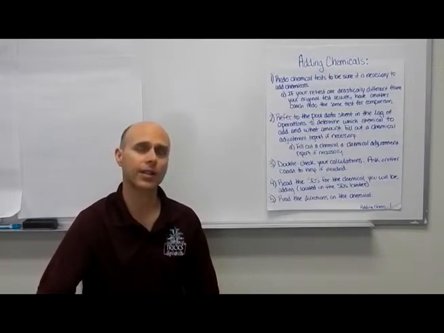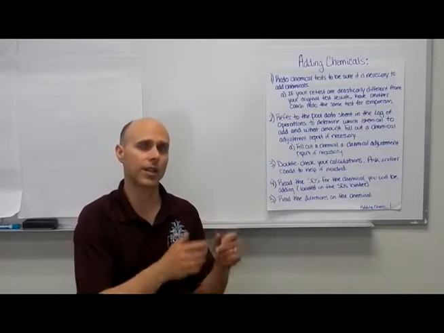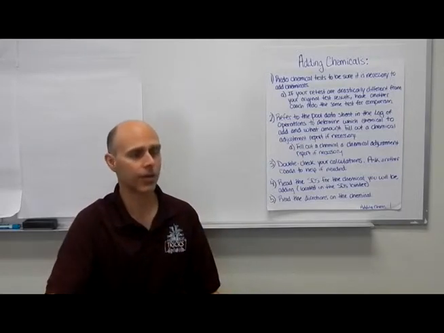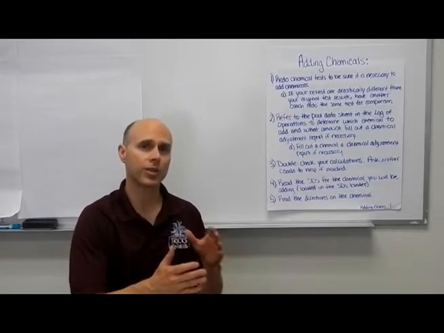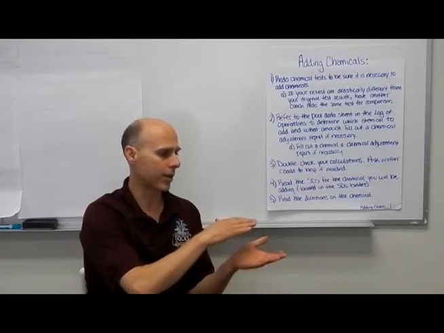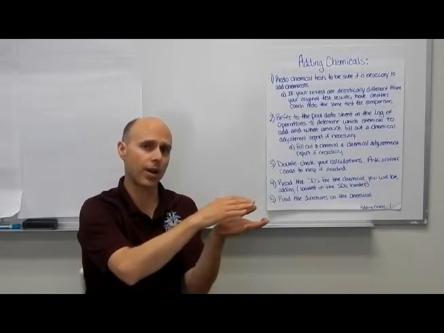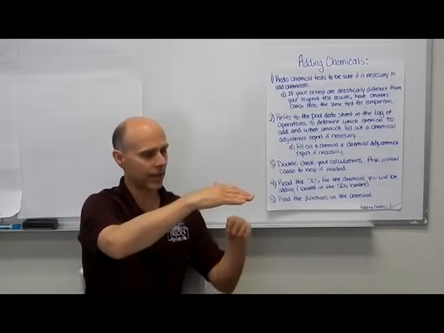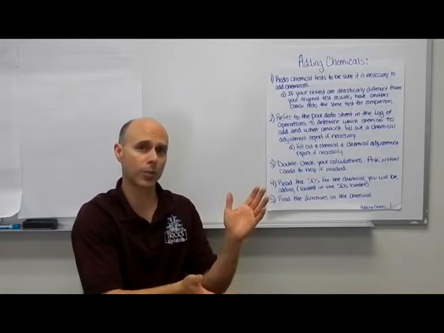After using the data sheets to determine the amount of chemical necessary, be sure that you double check your calculations. Once you've determined the amount of change you need in the pool chemical level, for instance, if you're using chlorine and you're measuring in parts per million, you determine your current parts per million, and the target parts per million, and you figure out the difference between the two. Then you've determined the amount of change you need in parts per million.